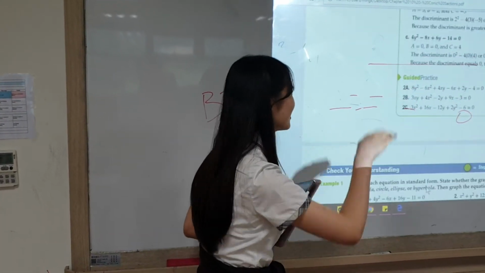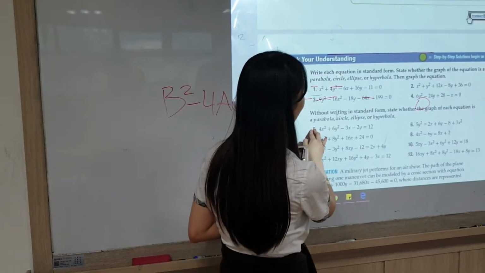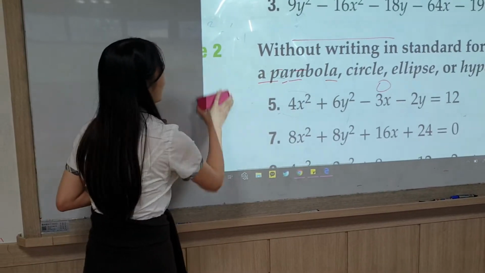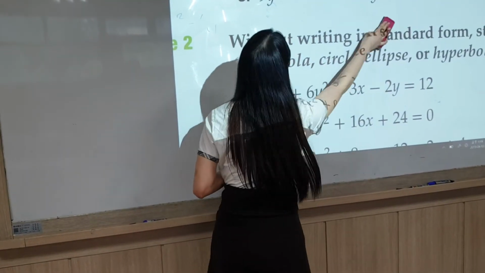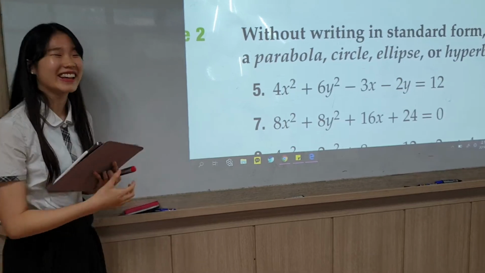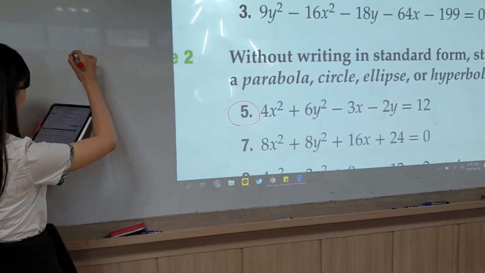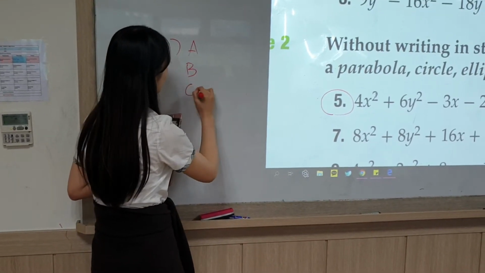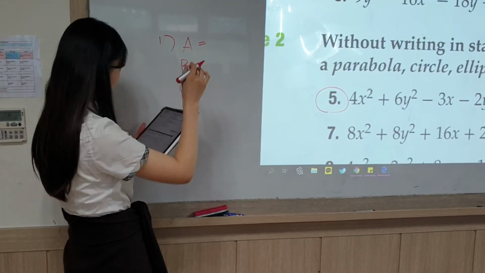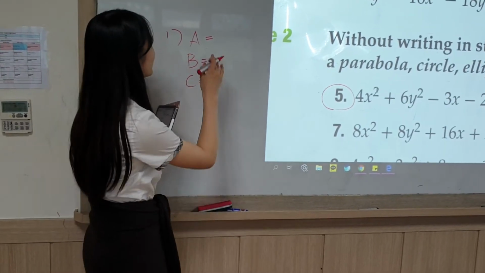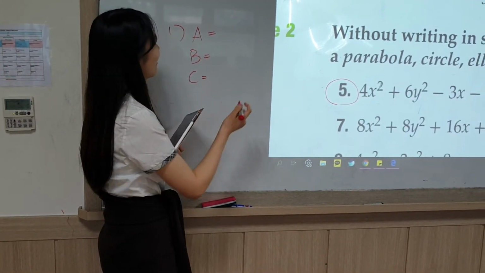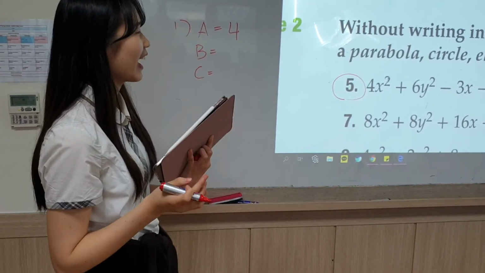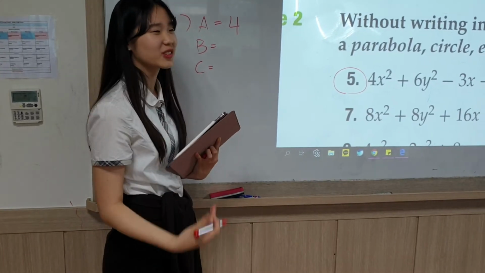And then question number 5. I like to do it in steps. First, I would find the ABC. First it would be ax squared. So what would a be? 4. And then for b, we need bxy. Do you see any xy?